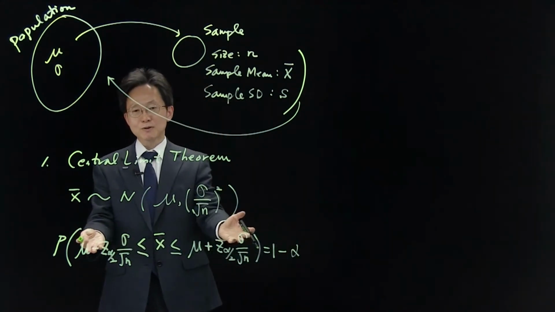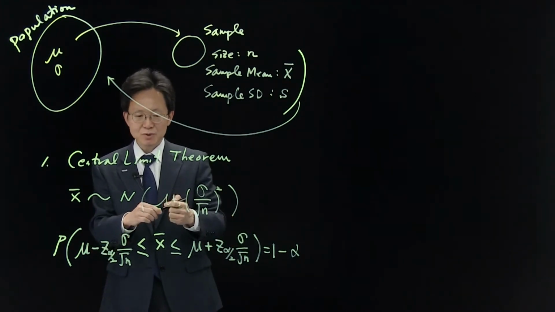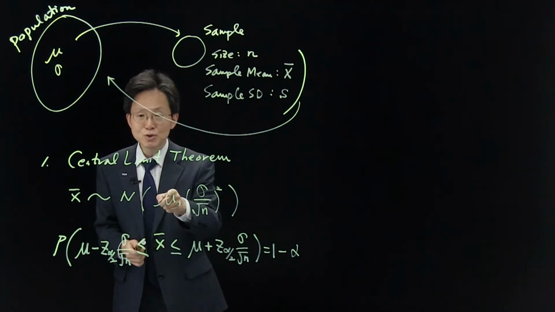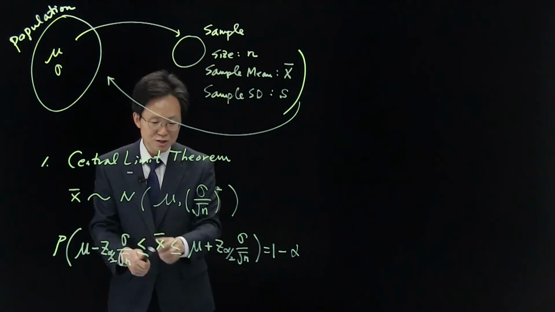So this is a sort of a confidence interval, but not quite yet, because what we want to estimate, what we want to understand is mu, not x bar. And therefore, we need to make a certain rearrangement.